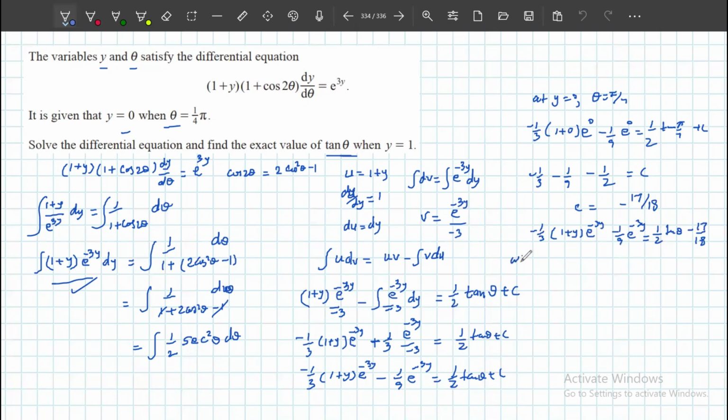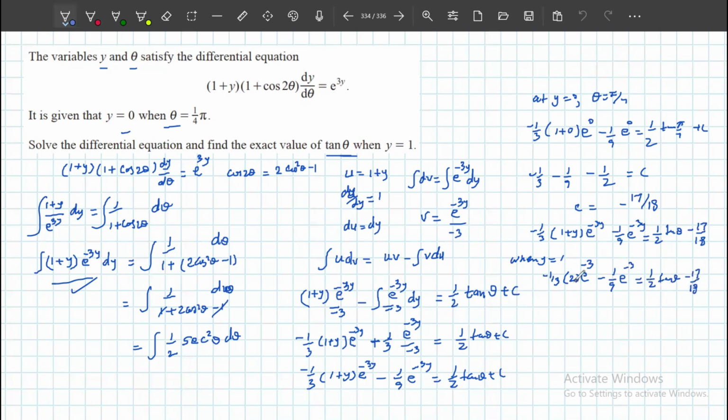It gives us what? When y is equal to 1, it gives me minus 1 over 3, 1 plus 1, it is 2, e power minus 3, because the y value is 1, and minus 1 by 9 e power minus 3, equal to 1 over 2 tan theta minus 17 over 18.